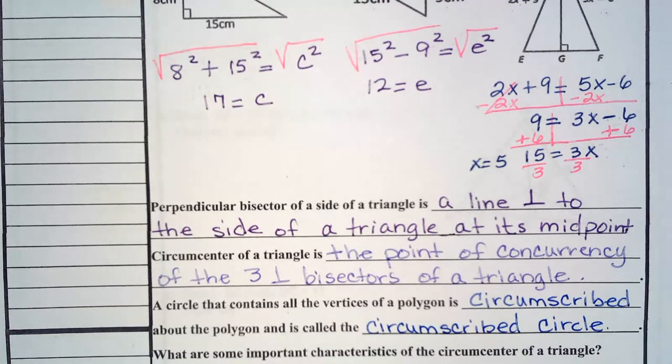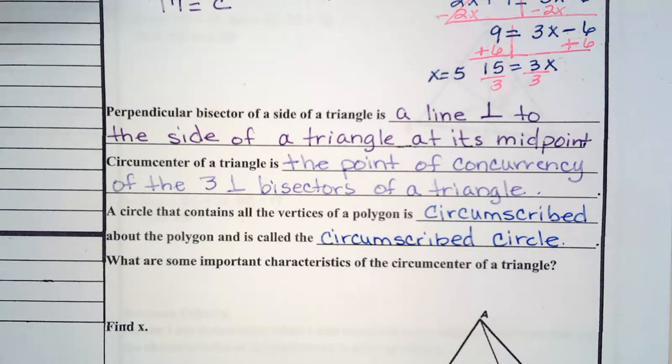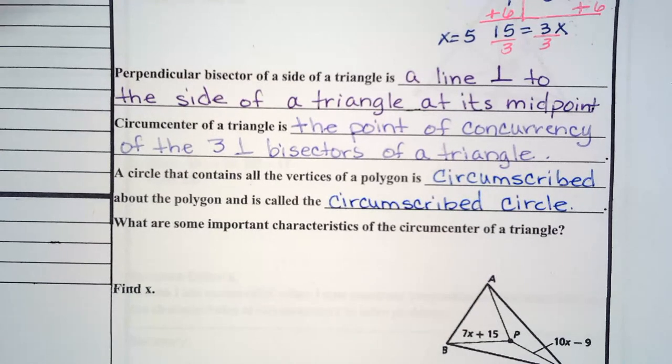Okay, so now we need to do some thinking. What are some important characteristics of the circumcenter of a triangle? Remember, it's a point of concurrency on a perpendicular bisector. Okay, what is the perpendicular bisector theorem?